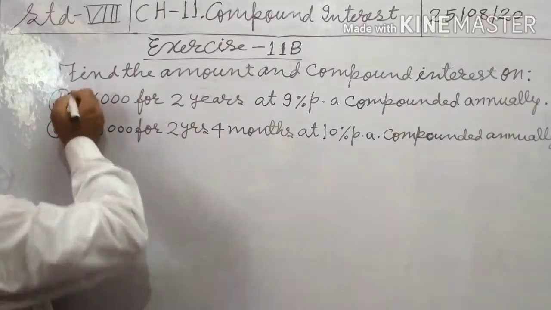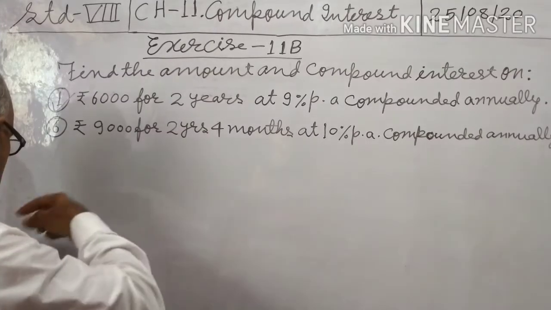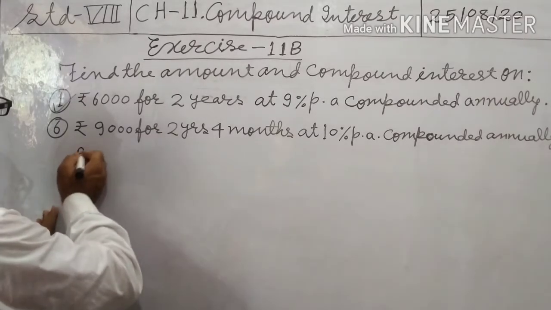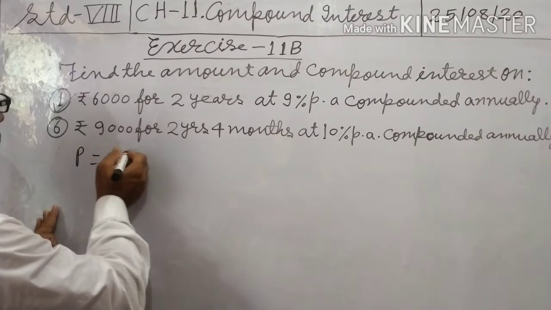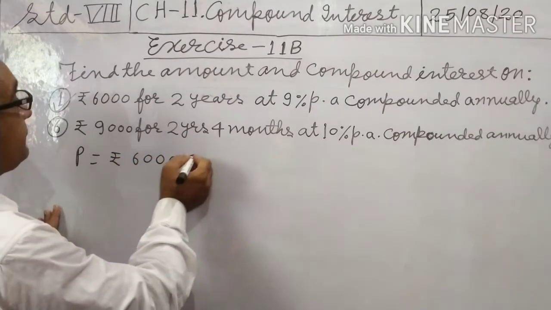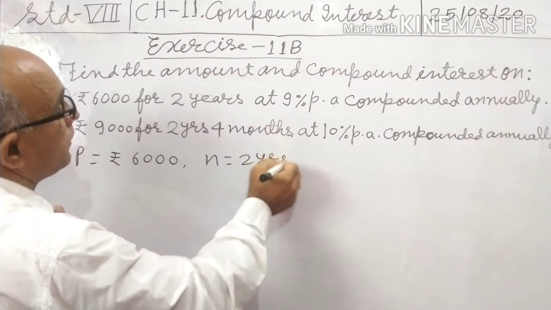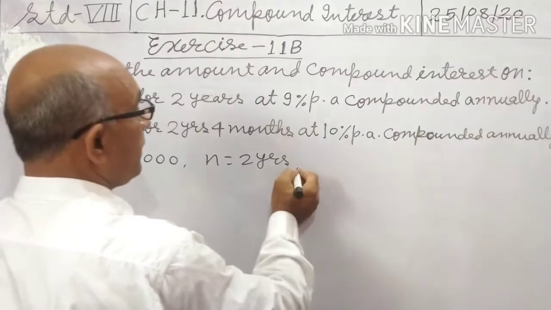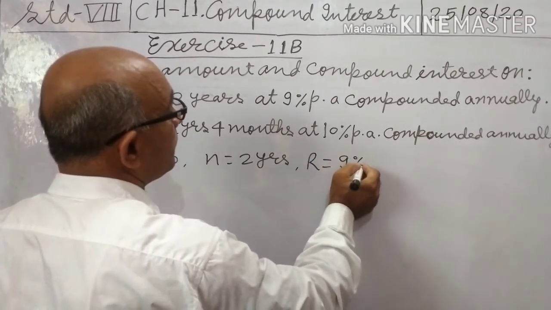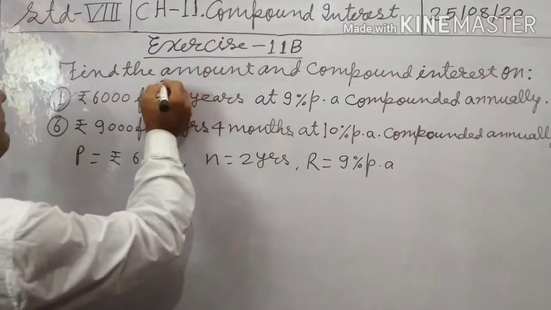So P equal to rupees 6,000, N equal to 2 years and R equal to 9% per annum. So first of all, find amount.